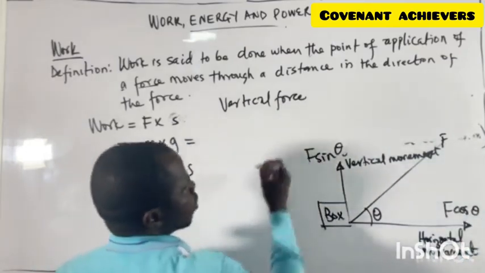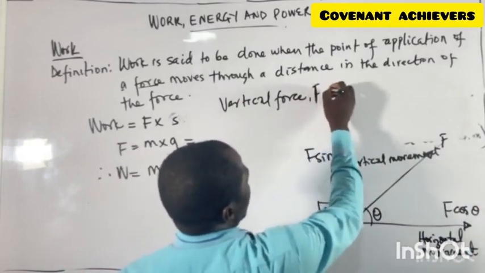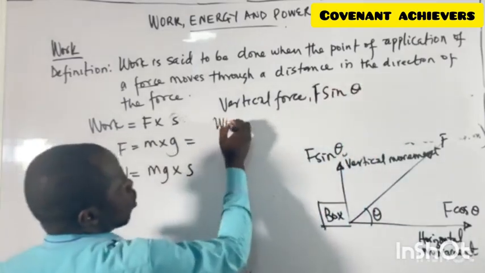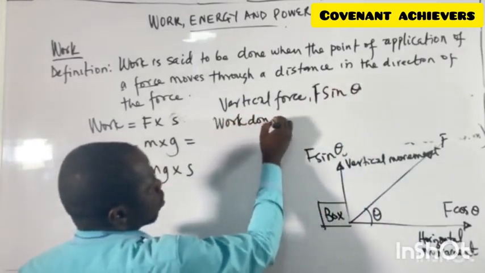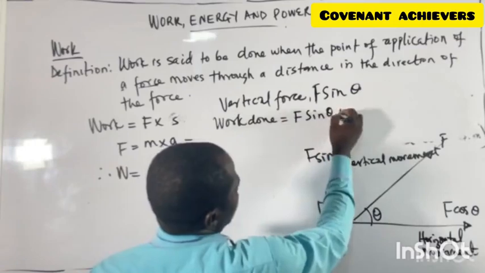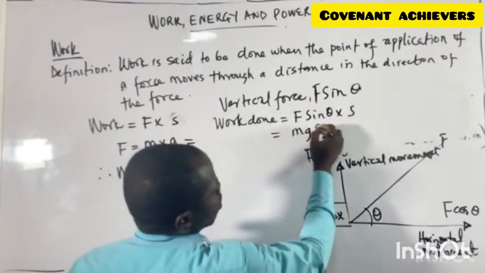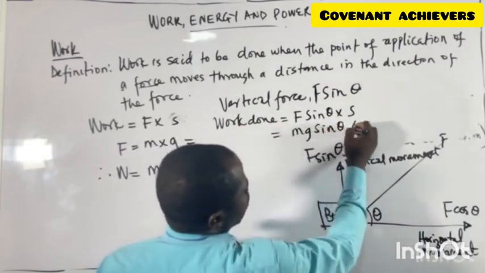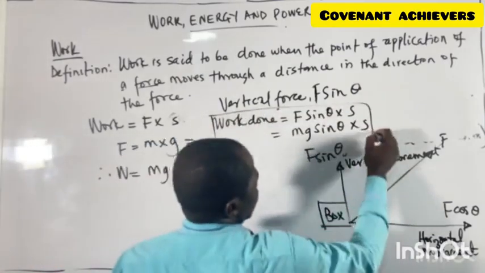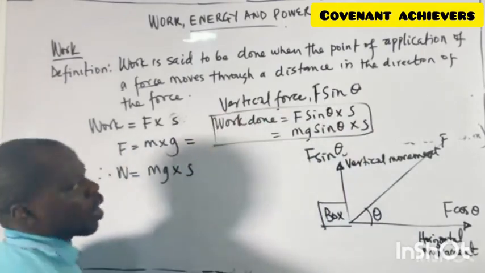So in that case, we are going to have this as F sin theta, and therefore the work done is going to be force sin theta times distance, or we can say mg sin theta times distance. Let's take note of the formula, because when the need arises, we know what we are applying and how to apply it.